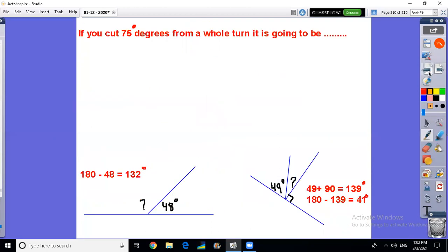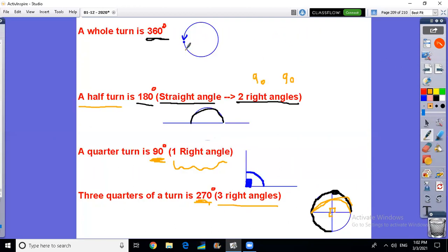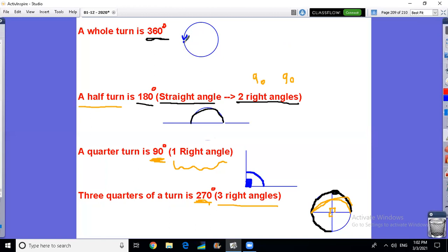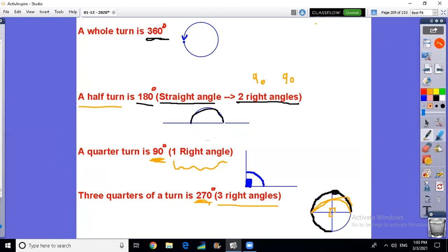Okay. And of course, guys, let me just tell you something. There is something that is called clockwise. What is clockwise? Clockwise is like moving in the same direction as the clock. So if I'm here, for example, and I want to move 90 degrees, let's make a circle here.